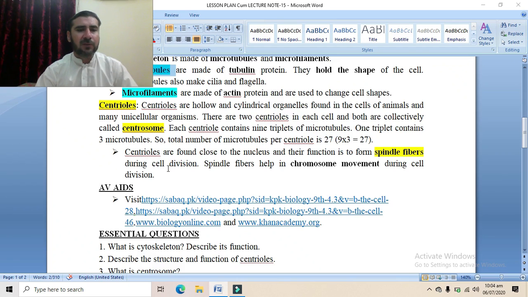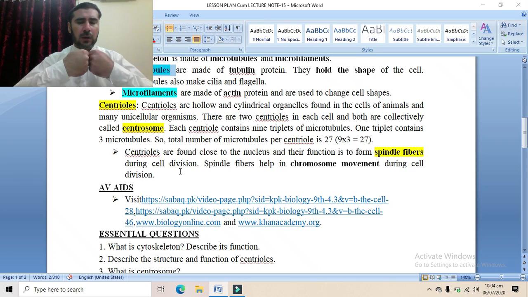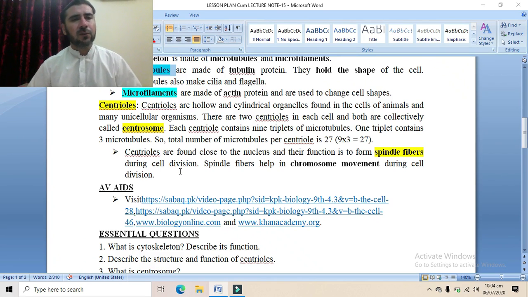Now the spindle fibers from both ends attach themselves to the centromere part of the chromosome, and then the two chromosomes which are paired up are pulled away from each other. So this function is performed by the microtubules, which pull the two paired chromosomes.